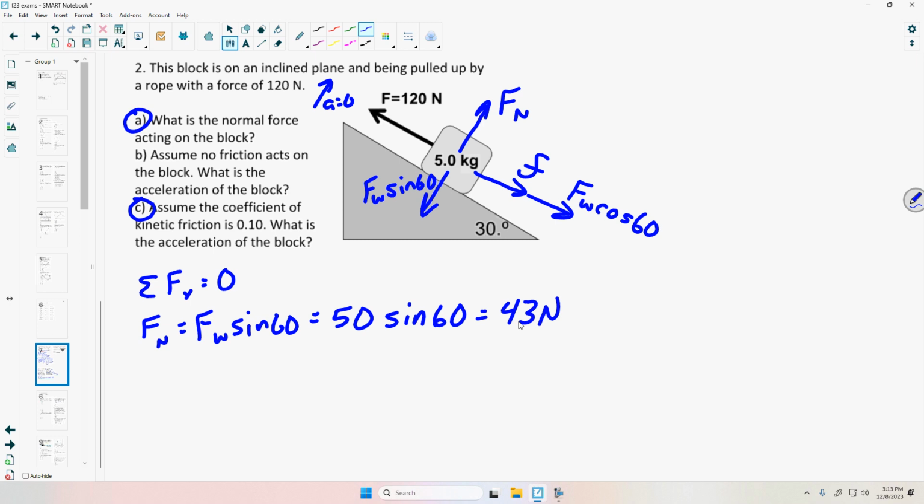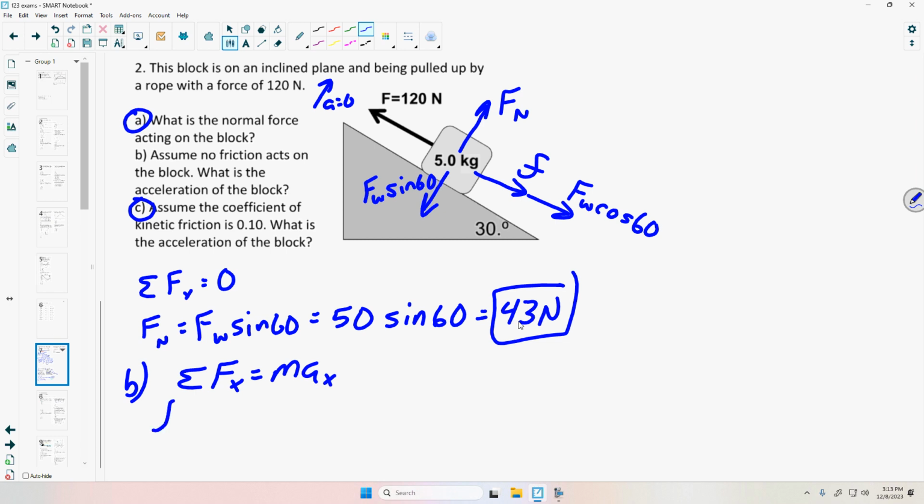So that's my normal force. That's part A. Part B is a little more complicated. I want to find the acceleration. It's going up the inclined plane, I already told you that. So I do the sum of the forces in the x direction equals m a_x.